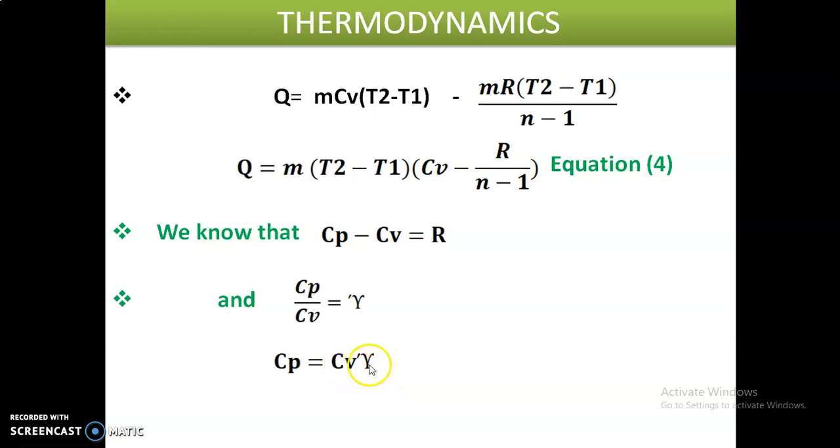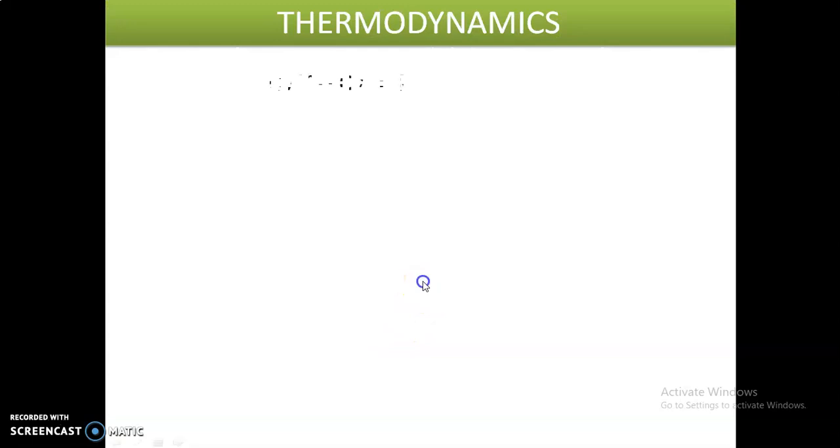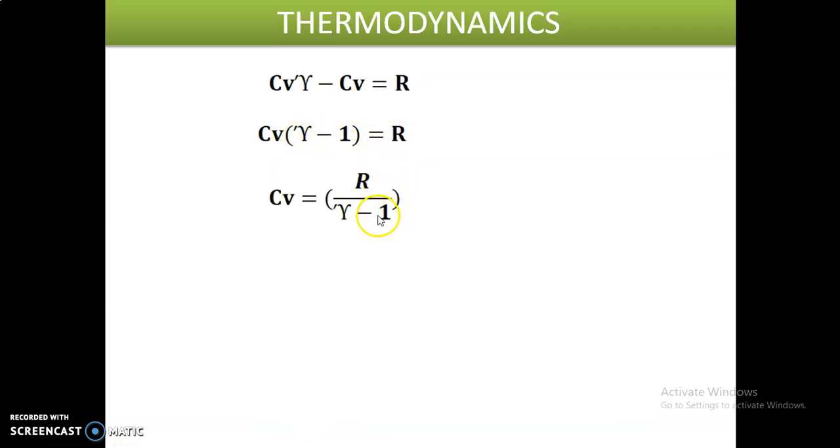Substitute this in place of Cp. After replacing the Cp value, we get Cv into gamma minus Cv is equal to R. Cv is the common term, put it outside. So Cv into (gamma minus 1) is equal to R. Therefore Cv is equal to R by (gamma minus 1).